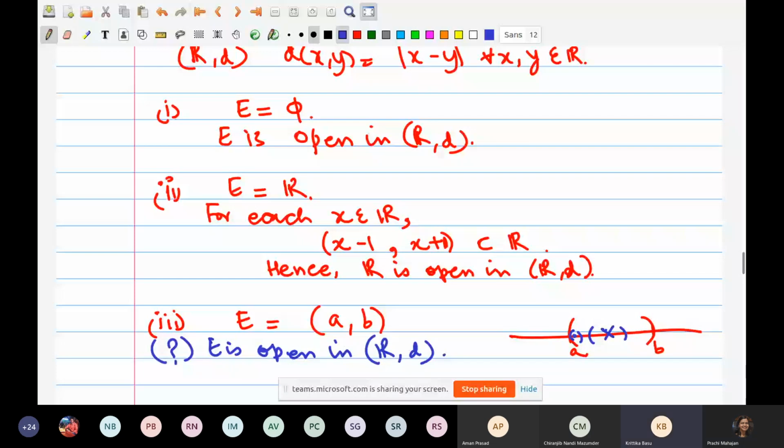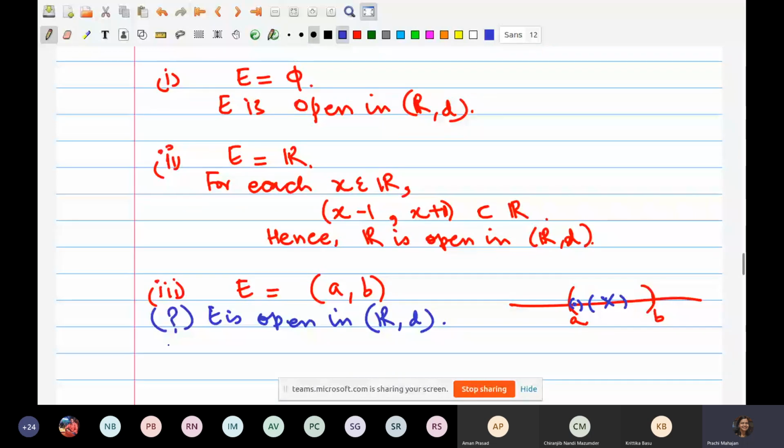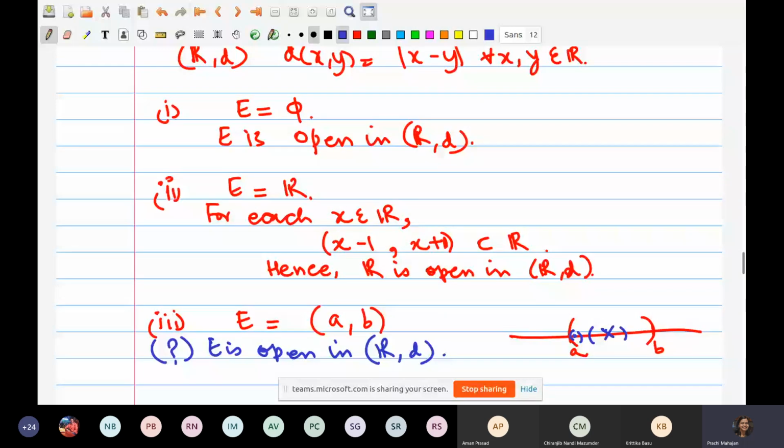No matter what point you pick in the interval (a, b), you can always find a neighborhood. There's a little argument that you have to provide here. I am not writing that here. But does everybody agree with me? Does everybody see and is confident of filling in that argument, that why is E open in R in this particular example?